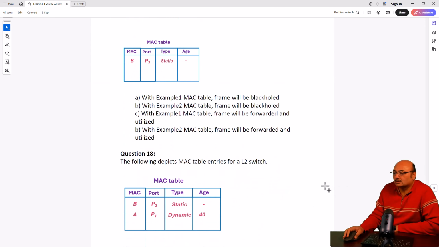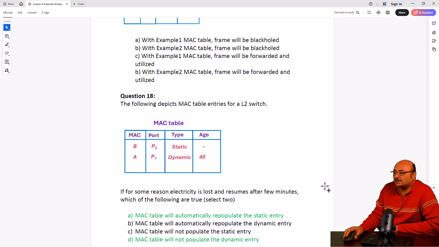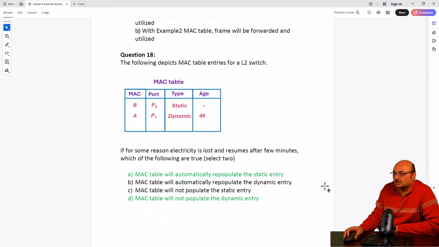Okay. The following depicts MAC table entries for a layer 2 switch. For some reason, electricity is lost and resumes after a few minutes. Which of the following are true?